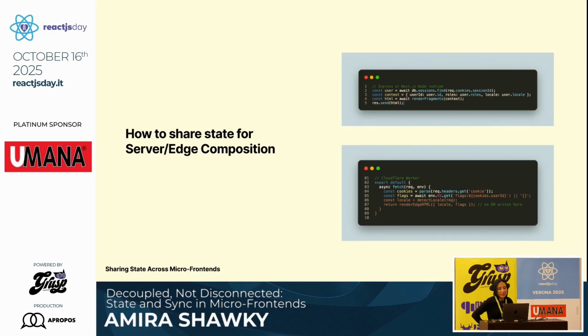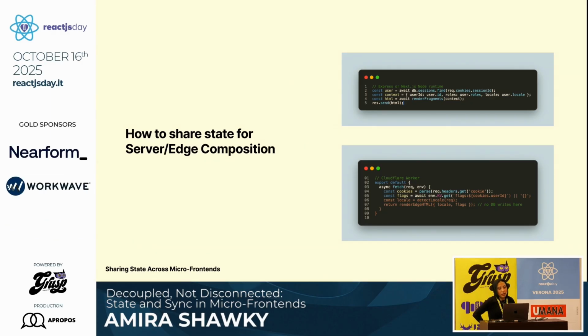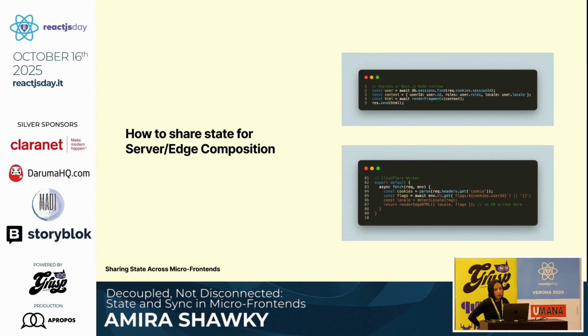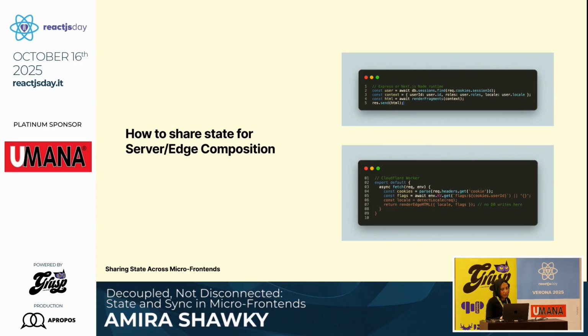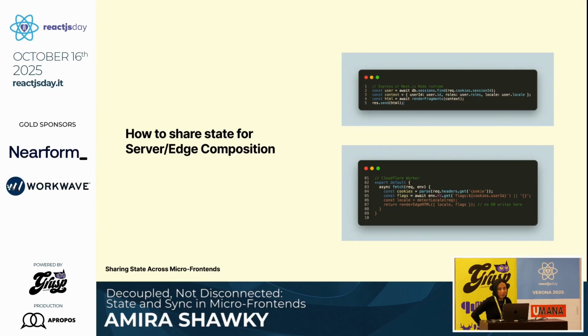Share only the state that affects rendering consistency and security. That includes authentication, session info, user identity and permissions, localization data, languages, currency, things like that, and the cached backend response. Both server and edge composition share through context but differ in how the state is stored and managed.